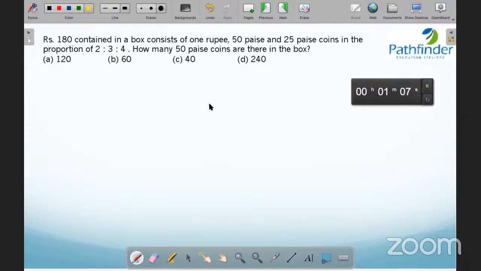I will be solving it in approximately 1 minute. Okay, some of you have already started answering. Okay, quite a few of you have already obtained the answer.